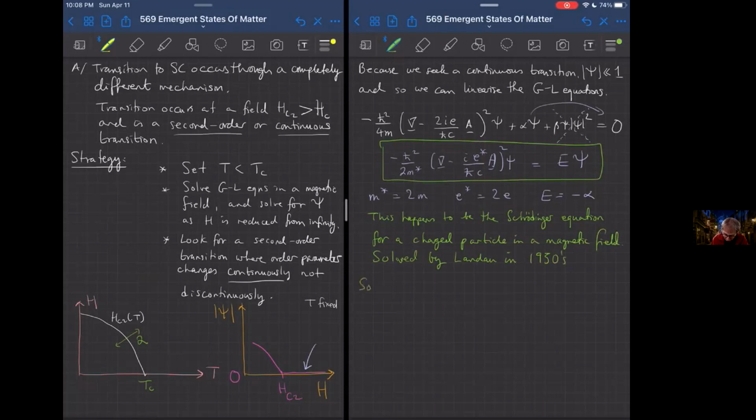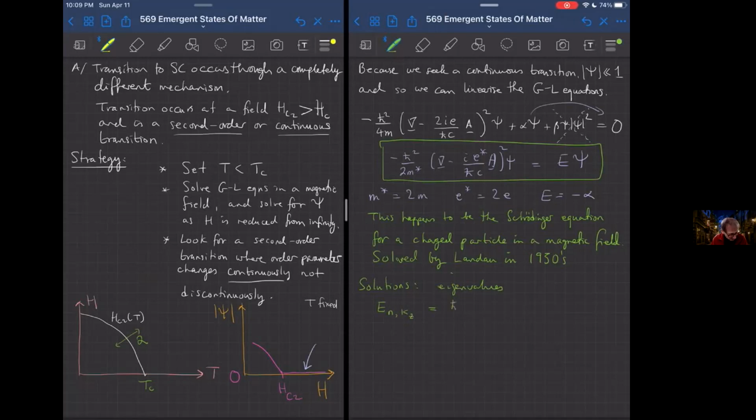So what we want to do is solve that equation and look for the eigenvalues, which are characterized by two numbers. So we have E as a function of n and kz, and kz is the momenta in the direction of the magnetic field. And let me write down the formula and then just show you the geometry.